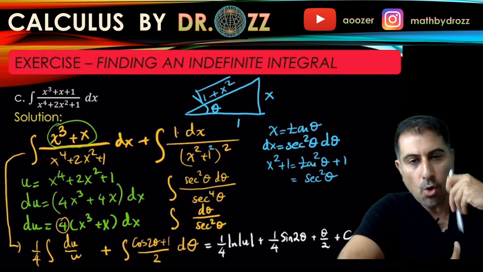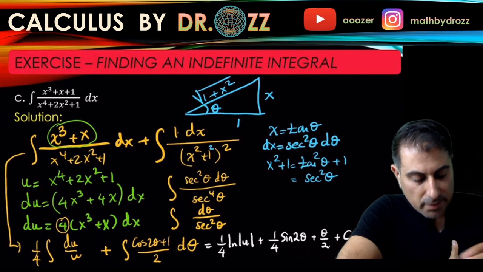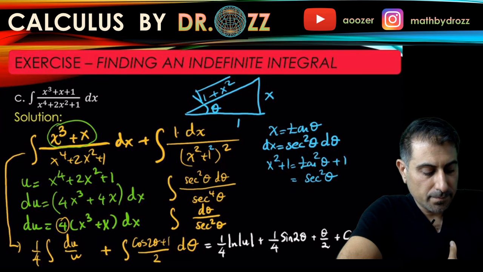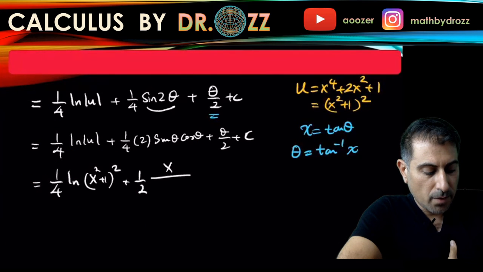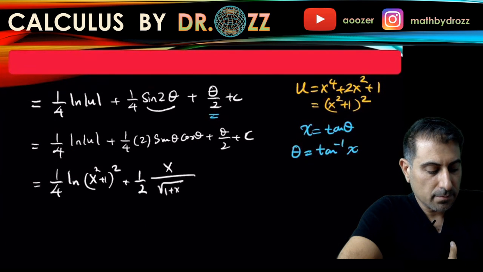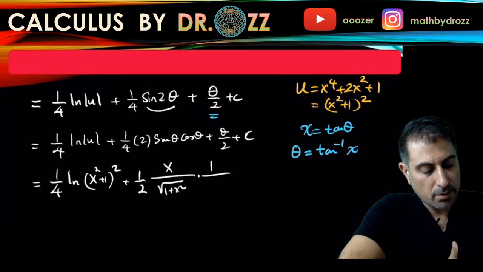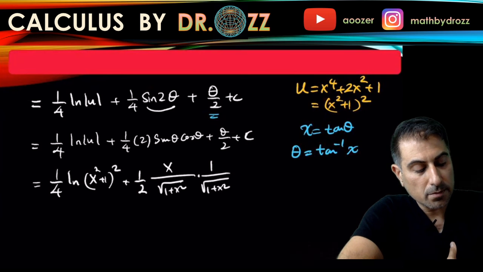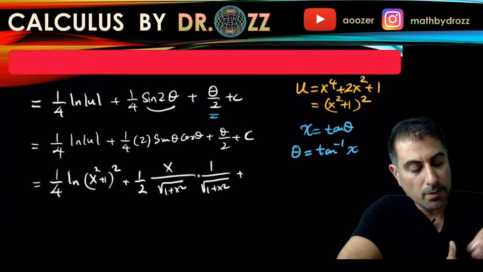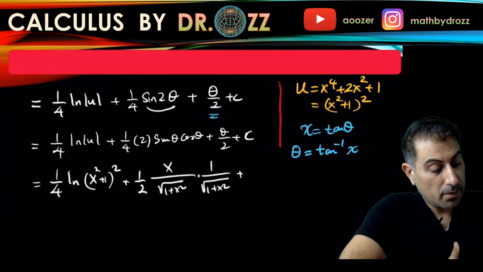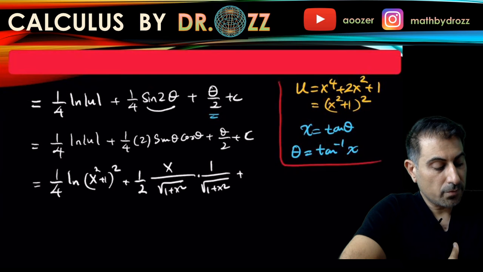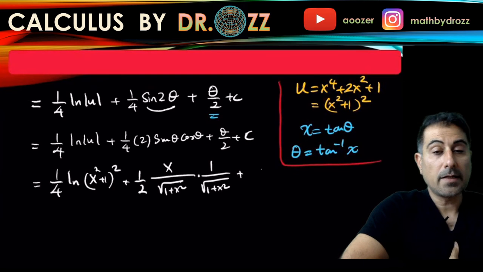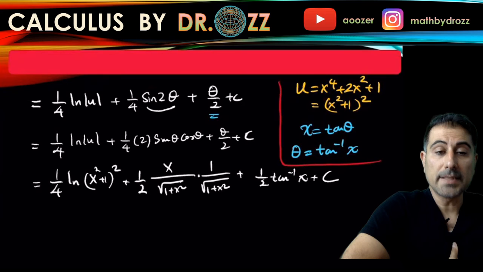Cosine is 1 over that. So sine is x over that, and the other one is 1 over that. Okay, that takes care of the second term over there, plus theta over 2. So plus 1/2 tan inverse x plus c.